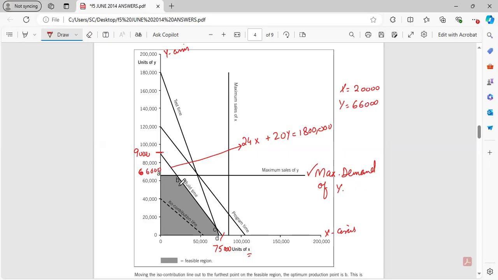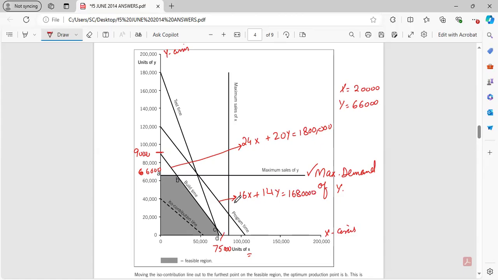What is the second equation? The second equation is program time. Program time is basically 16x plus 14y, so it shows 16x plus 14y is equal to 1,680,000.